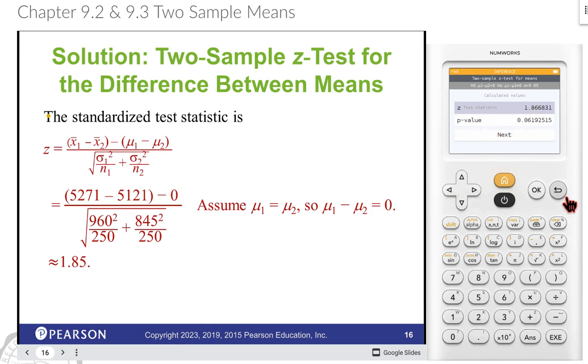Let me just back up and make sure I've got all my statistics in correctly. 5271, 960, 250. I'm off by 1. See, somebody was off. I knew we should have exactly the same value. So 5121, I put in 5120.